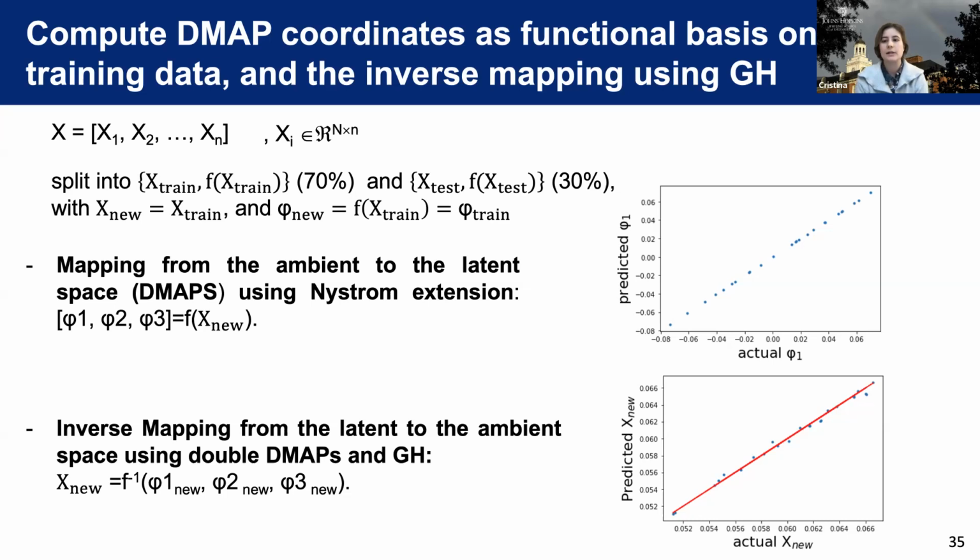Same as before, but now we want to interpolate the X's, the training data defined on the diffusion maps coordinates, for the inverse mapping. And in this case, we compute another round of diffusion maps. This is the double diffusion maps methodology that I showed before, to go back to the ambient space. But this time, the diffusion maps is implemented on the diffusion maps coordinates instead of on the training data. And then we interpolate the data as function values on the newly computed diffusion map coordinates.